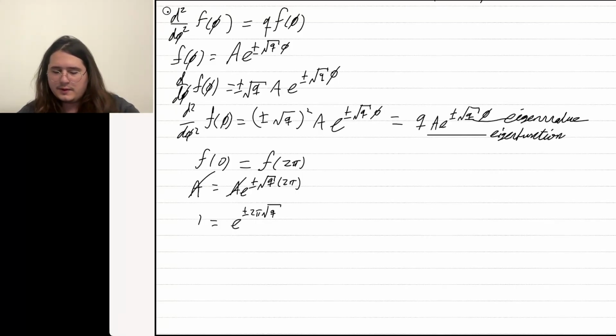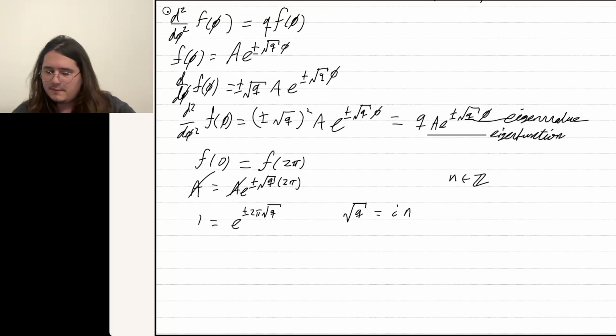The exponential only equals 1 if the square root of q happens to be i, the square root of minus 1, times n, where n is an integer. The function would just be going around in a circle.